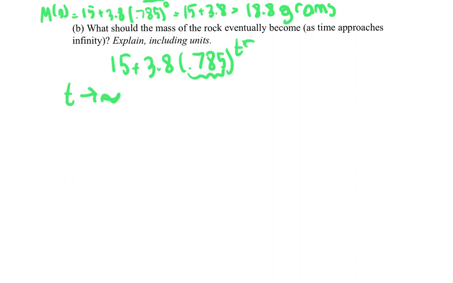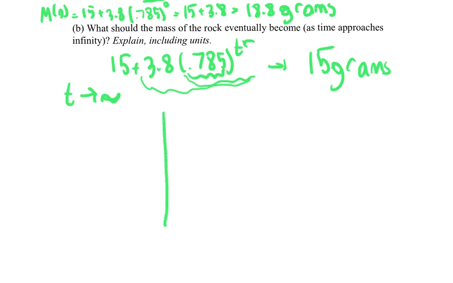So as t goes to infinity, this thing gets smaller and smaller and smaller, and eventually that's going to go to 0. So 15 plus 3.8 times something that's getting closer and closer to 0 is going to get closer and closer to just 15, because this part is going to disappear. So to include units, we'll get 15 grams as time goes to infinity.